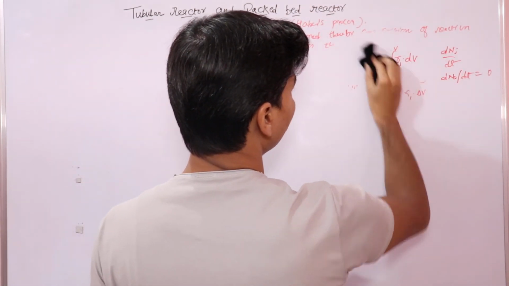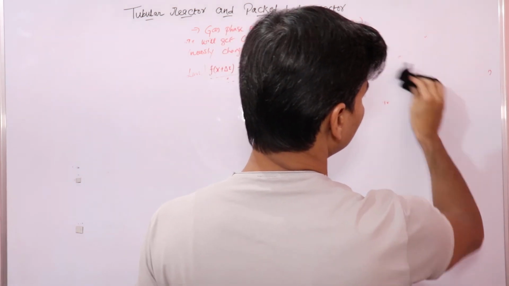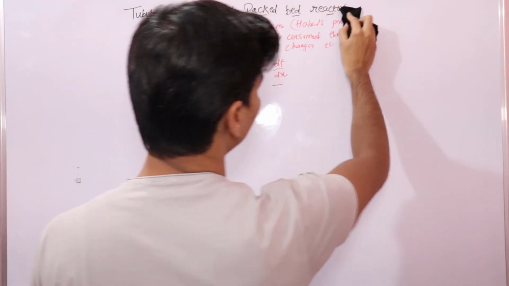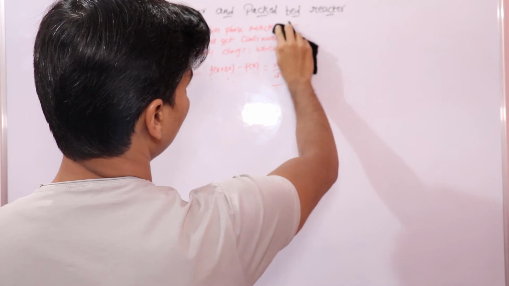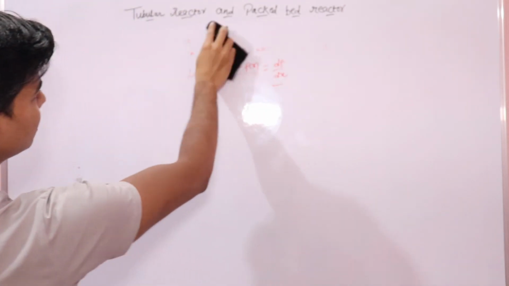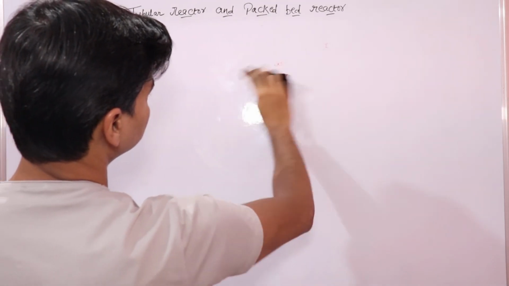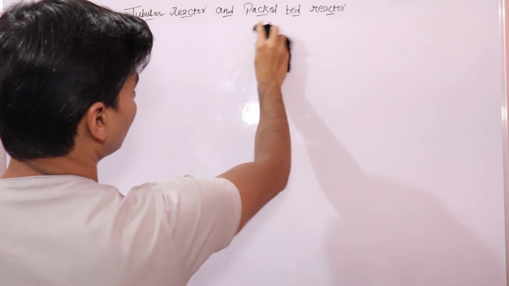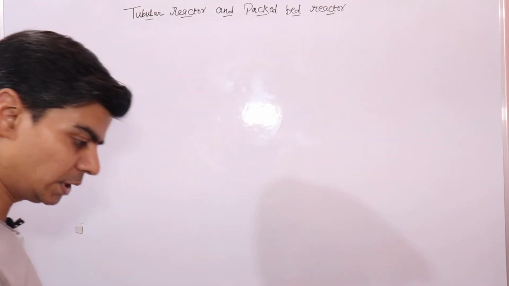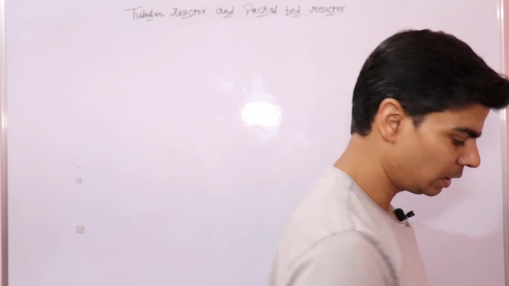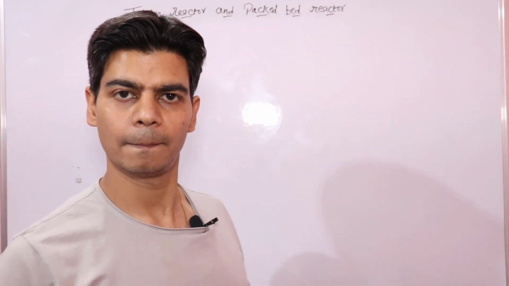So when we say packed bed reactor, inside the reactor you have a bed of catalyst, a bed on which the catalyst is fixed. When reactants pass through that catalyst, they will undergo chemical reaction.